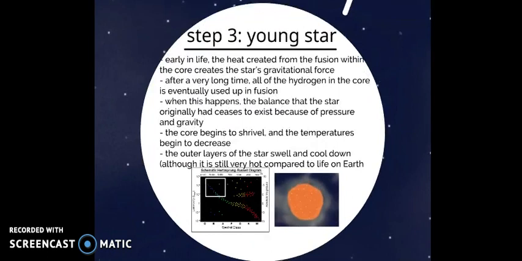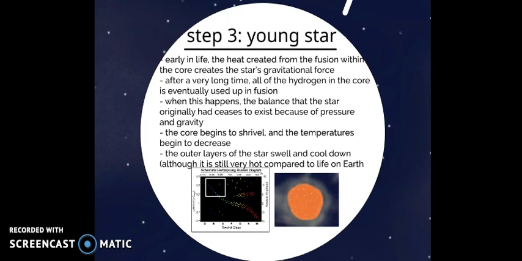The third step in a star's life is the young star stage. Early in life, the heat created from fusion within the core creates the star's gravitational force field. After a very long time, all the hydrogen in the core is eventually used up in fusion. When this happens, the balance that the star originally had stops existing because of pressure and gravitational forces.